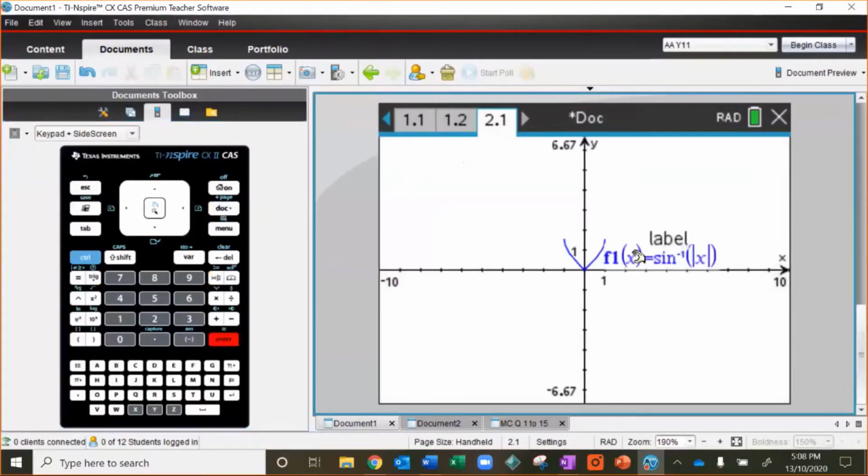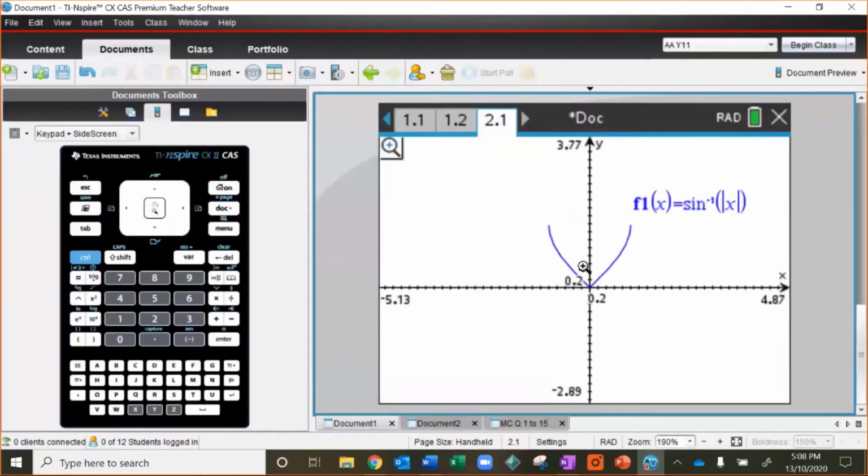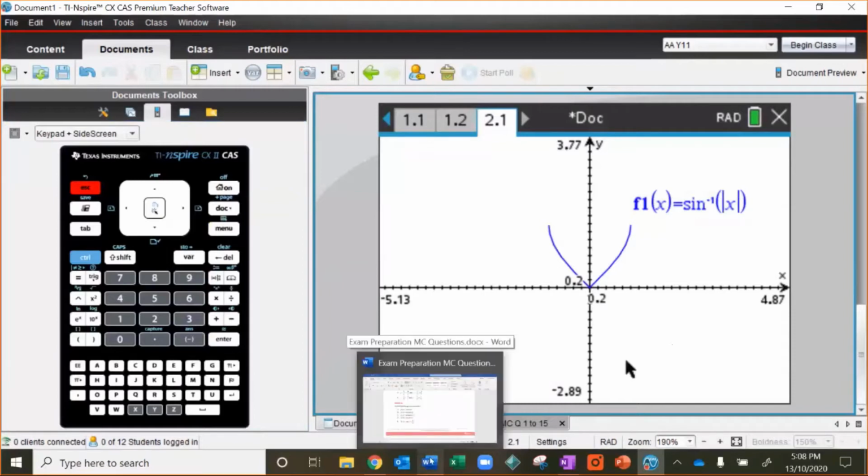And if we enter, we get this graph. We can zoom in a bit, and we can see clearly that this graph is symmetrical about the y-axis. So the answer to question 2 is B. f of modulus x is always an even function and always symmetrical about the y-axis, so you could recognize that even without doing any work.